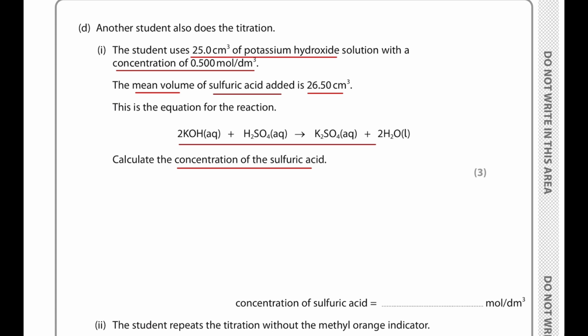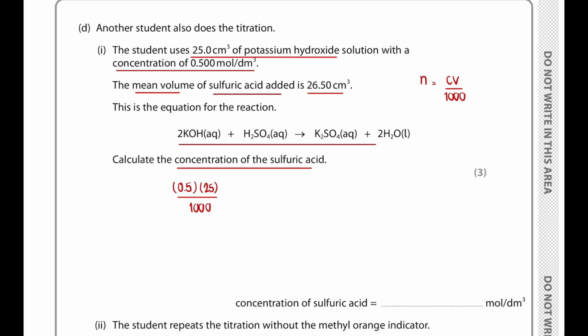So according to the formula, moles equal concentration times volume divided by 1000. So we have the moles of potassium hydroxide equal to 0.5 times volume, which is 25, divided by 1000.